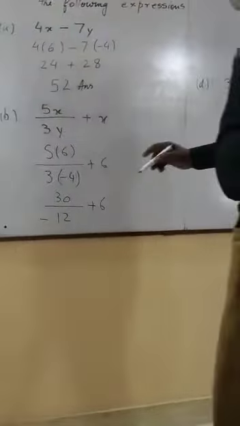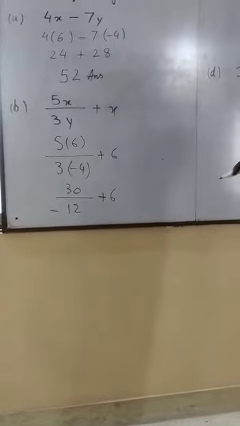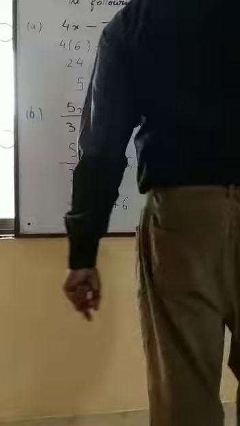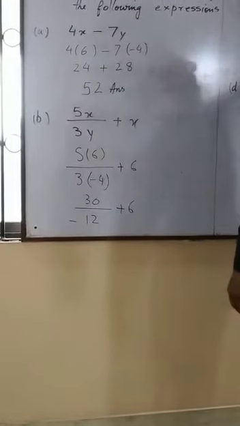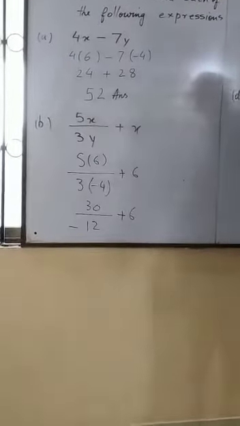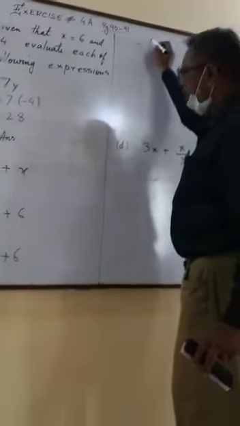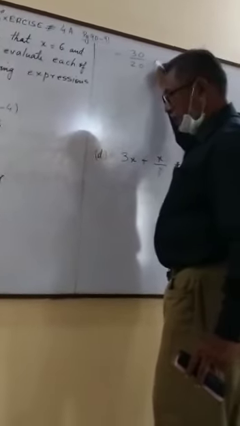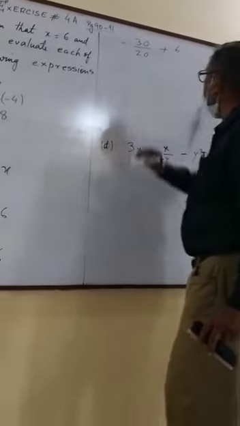So if you have this situation, then we can write it as -30 upon 20 and plus 6.